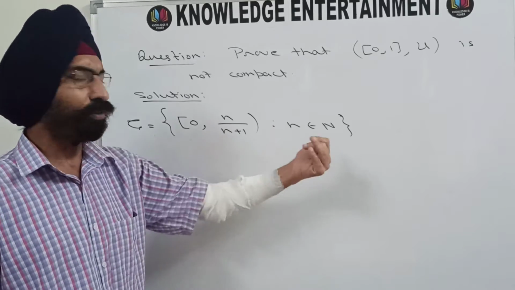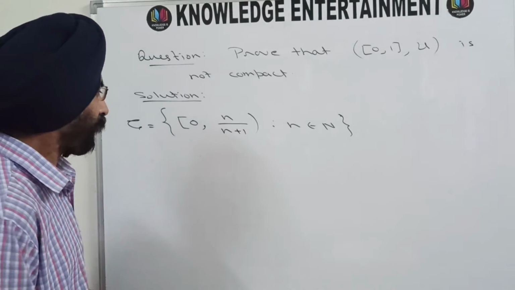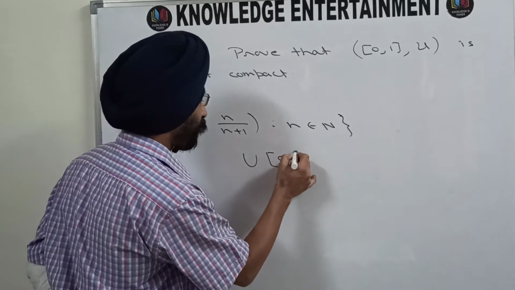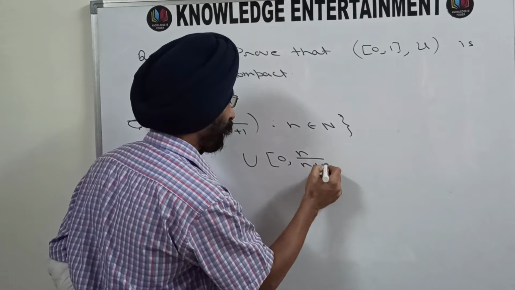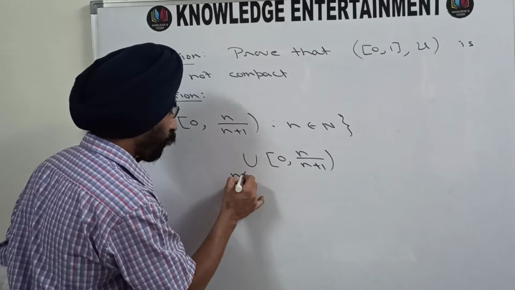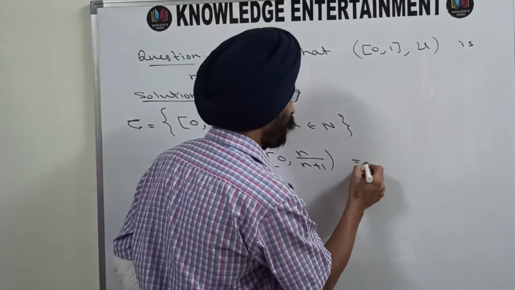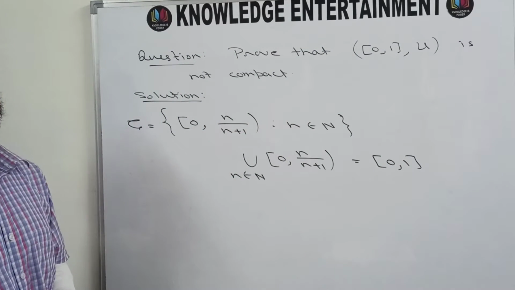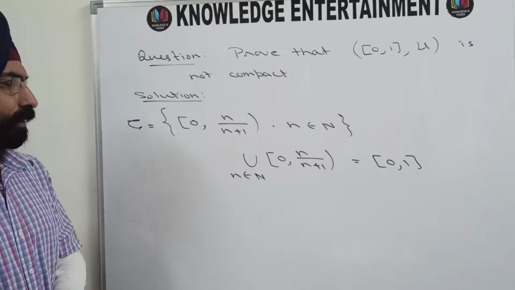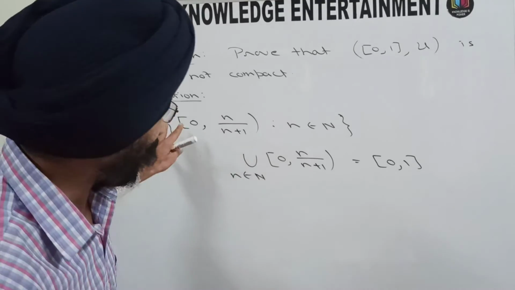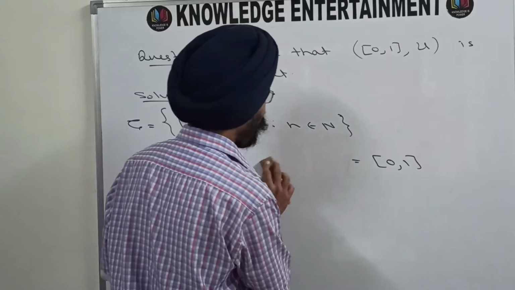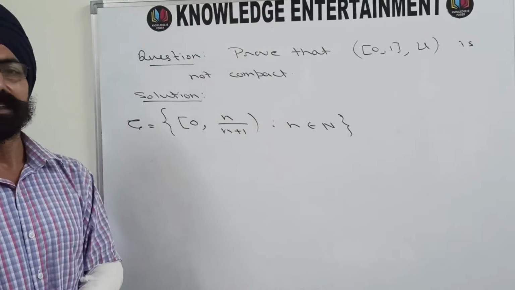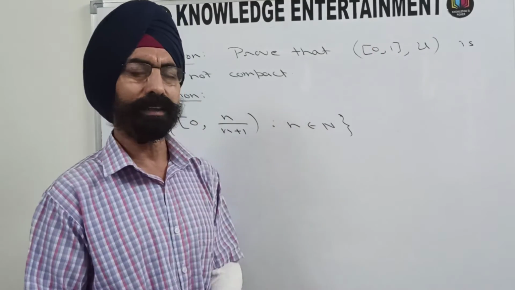So this is a collection of open sets, and if you take the union of all these sets [0, n/(n+1)), where n belongs to N, the union of all these is the closed interval [0, 1]. Now this is an open cover because it contains open sets and their union covers the closed interval [0, 1].